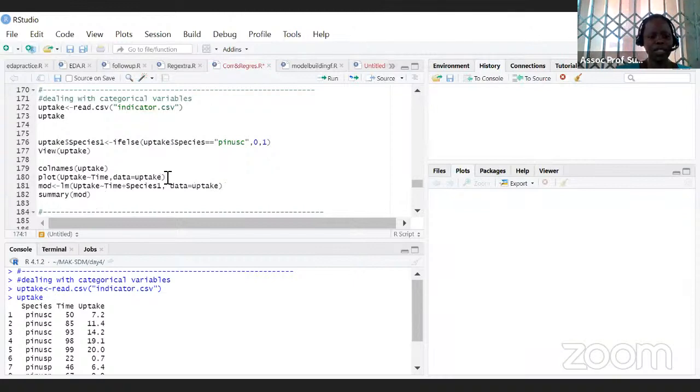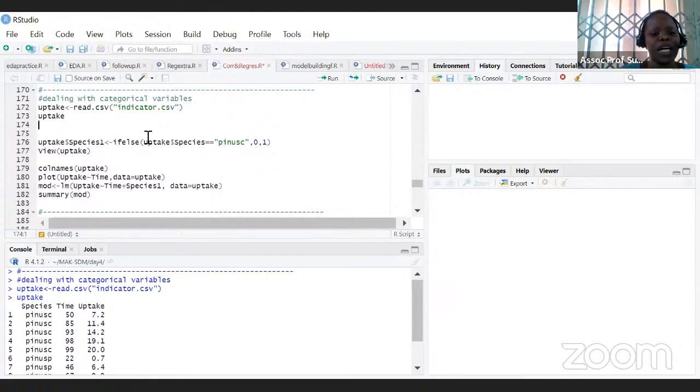So I just want us to see a plot, or to avoid confusion, let's follow the script.